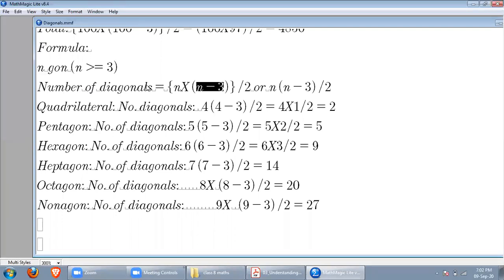The number of vertices minus 3 diagonals. So for the n vertices, n into n minus 3, and divided by 2 for the repetition. So the formula will be n into n minus 3 divided by 2.